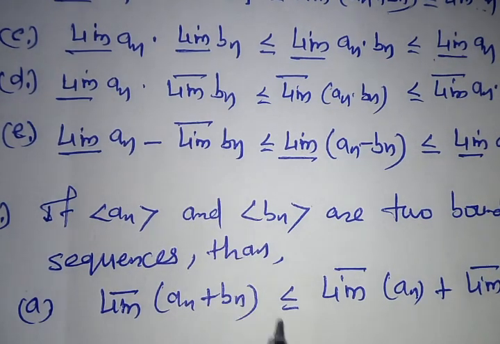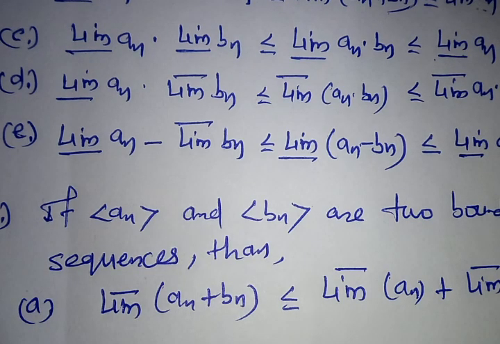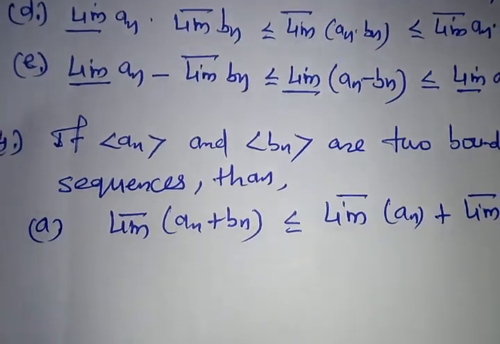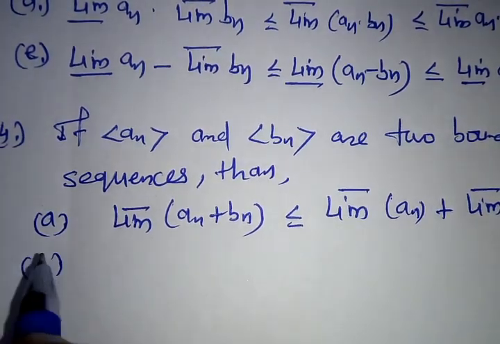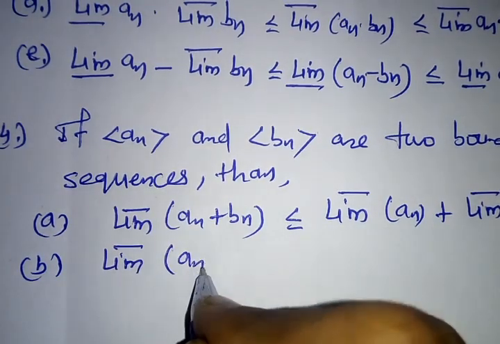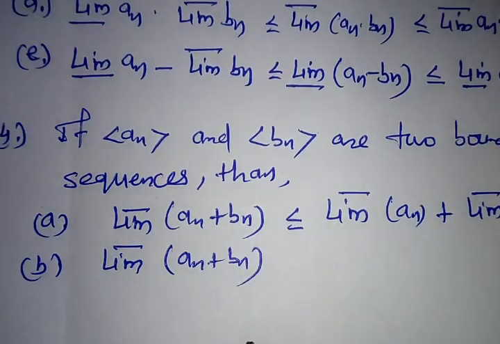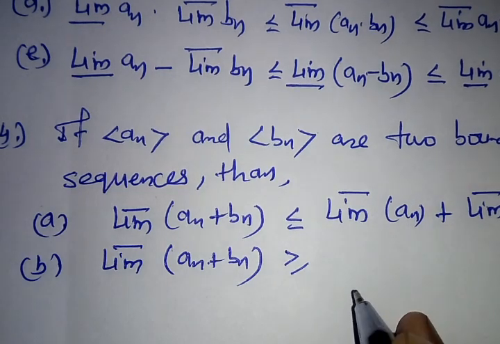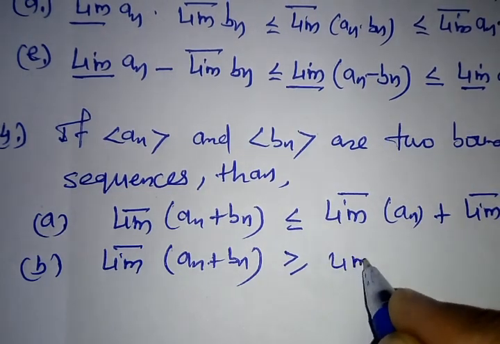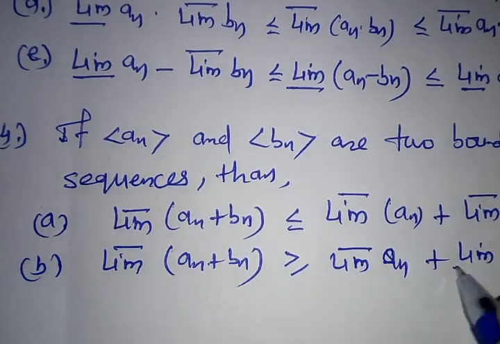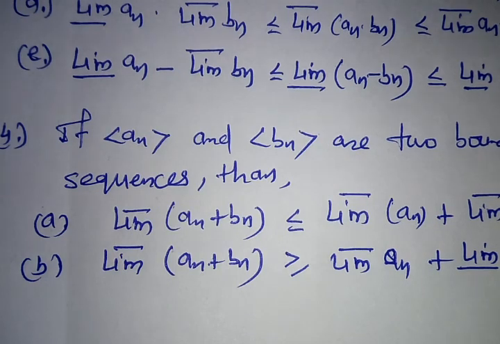So this is the particular form, and this question has been asked directly in CSIR NET many times. Part b: limit superior of an plus bn is greater than or equal to limit superior of an plus limit inferior of bn.